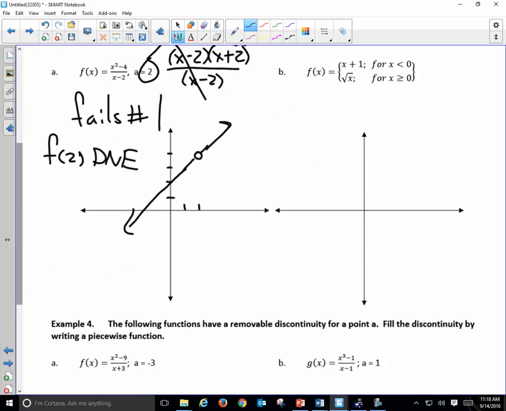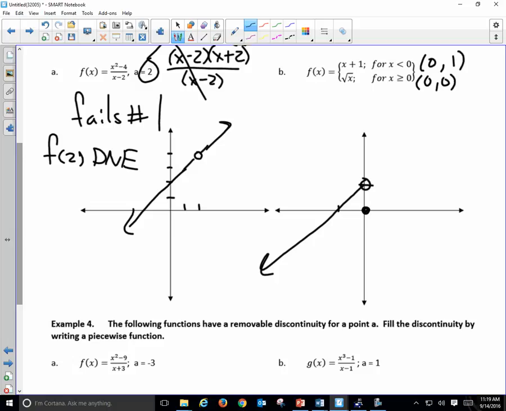So let's go to B. I got a piecewise function. Good thing, because you guys are really good at piecewise functions. You like them. So I plug in 0. What do I get? 1. Open or closed circle? Open circle. And I'll head off at a slope of 1. There we go. Square root of x, I plug in 0, open or closed circle?